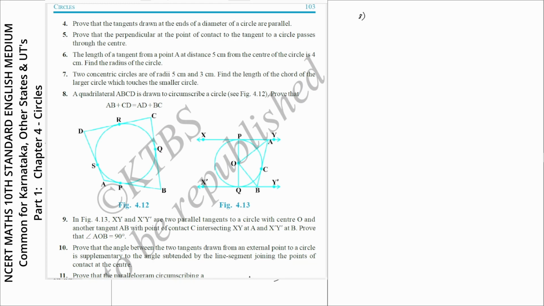Question number 8. A quadrilateral ABCD is drawn to circumscribe a circle. Prove that AB plus CD is equal to AD plus BC. So figure is given.